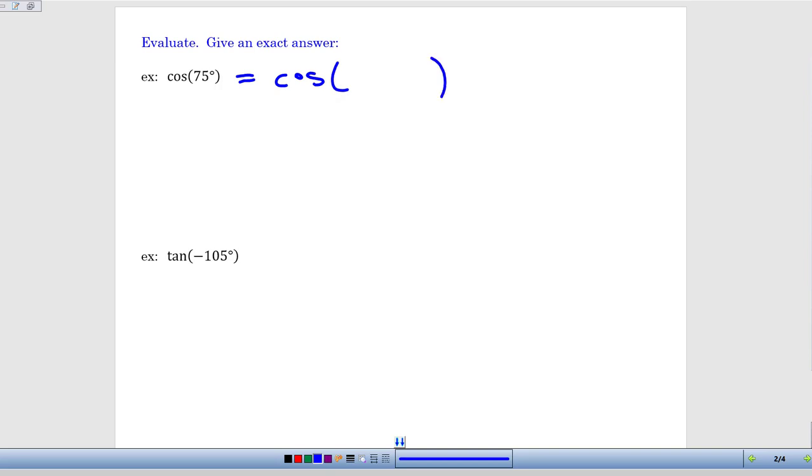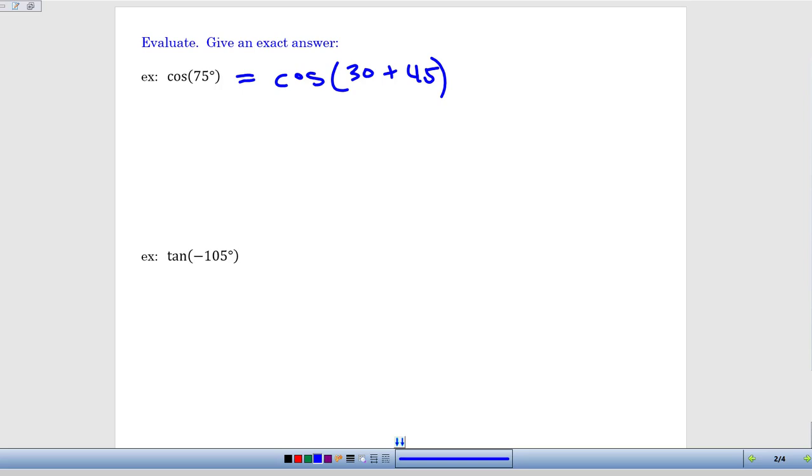If we think of 75 degrees as being 30 plus 45, now 30 degrees is a unit circle angle, 45 degrees is a unit circle angle. And so we can apply that sum formula for cosine up above and use that to expand the expression that will be in terms of only cosines and sines of these 2 unit circle angles, 30 degrees and 45 degrees, which means we'll be able to find the exact value.